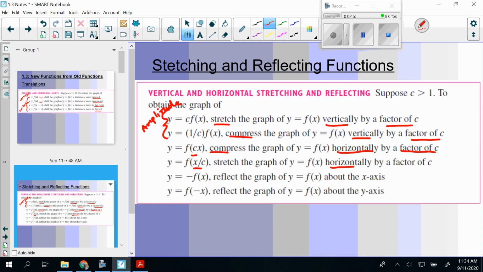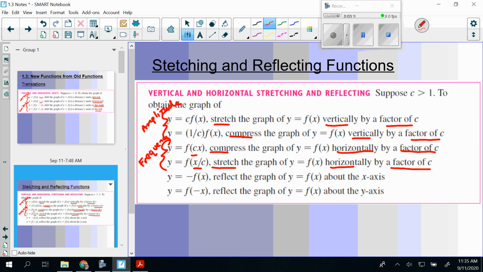Dividing by it or having a fraction will actually stretch it because it does the opposite, by a factor of whatever that is. In working with waves or stuff like that, this is often referred to as your frequency. Again, you don't need to know that, just some extra information. All right, so that is stretching, compressing.